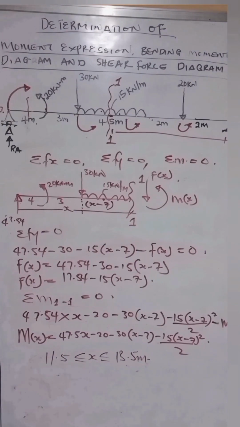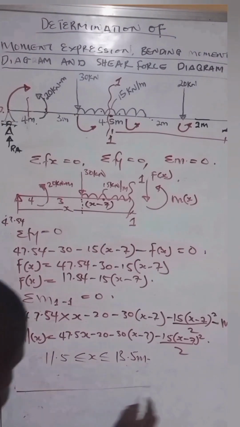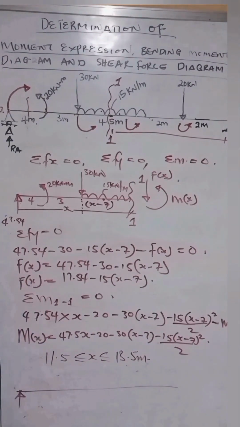So if we take that one, quickly we can draw this thing again. Quickly, we have it as this. Remember, here is 20 kilonewton meters. Remember that here is 4. Remember that here is 3. Remember, we have a UDL.